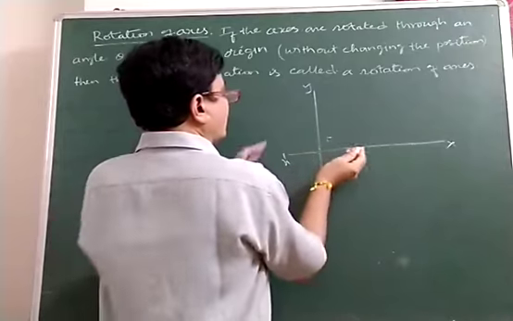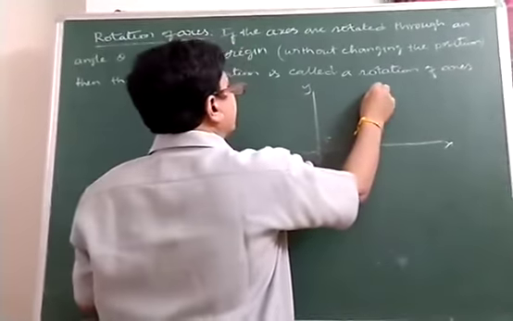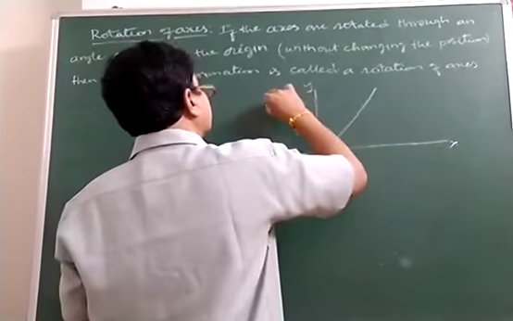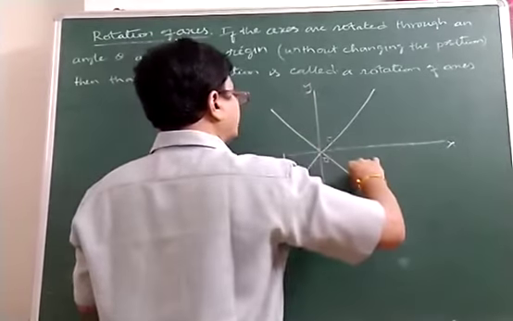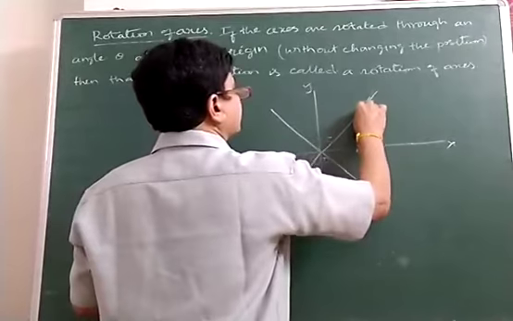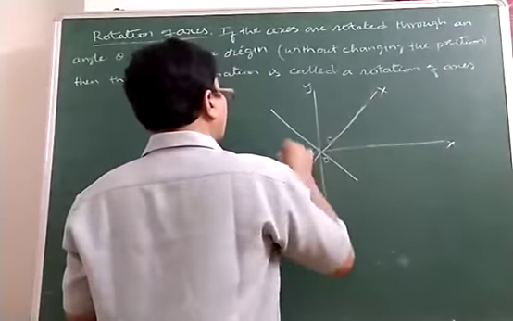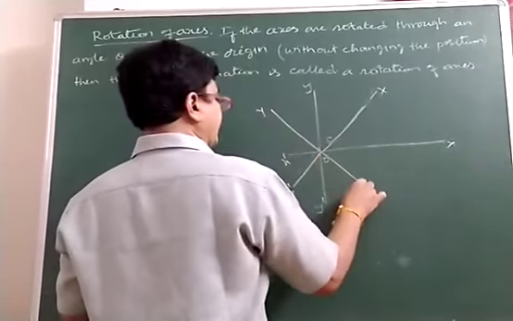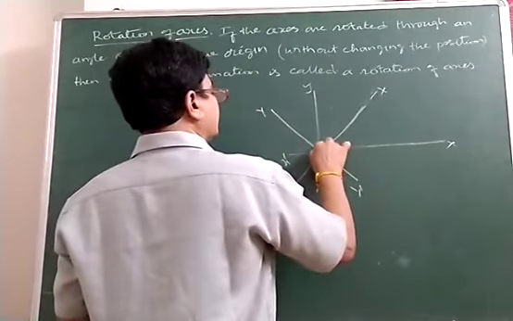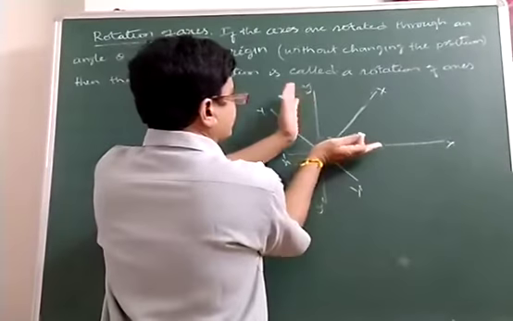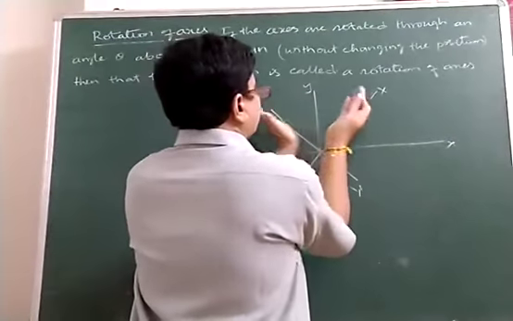When the coordinate axes are rotated through an angle theta about the origin, we get the new coordinate axes, capital X (x dash) and capital Y (y dash). This is the angle theta.